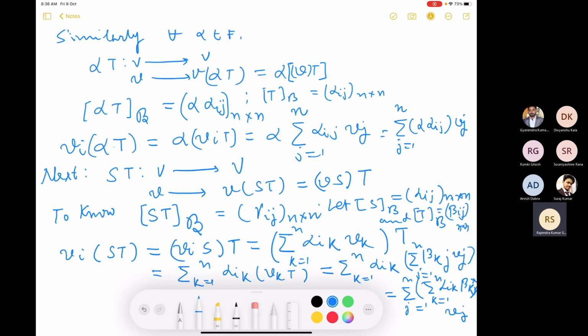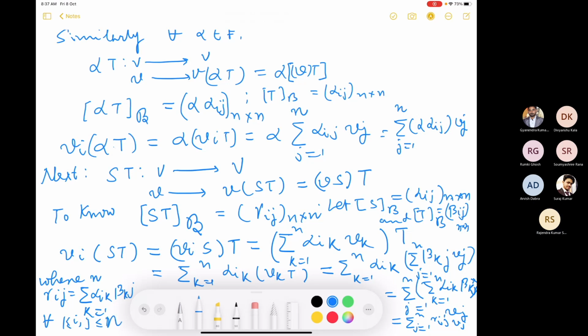If you write this as the sum over j from 1 to n, corresponding to i, this is gamma ij Vj, where gamma ij is the summation over k from 1 to n of alpha ik beta kj, and this is for every i and j from 1 to n.